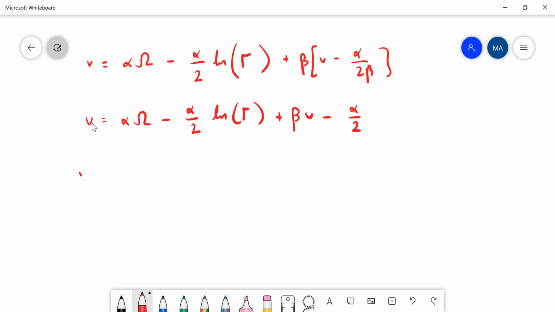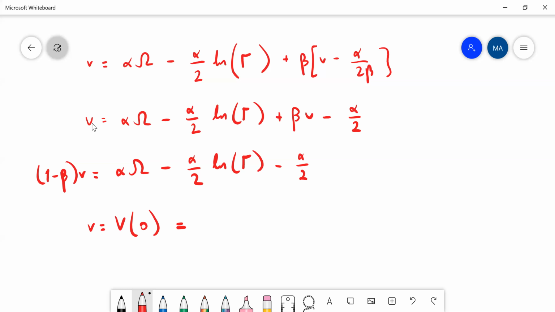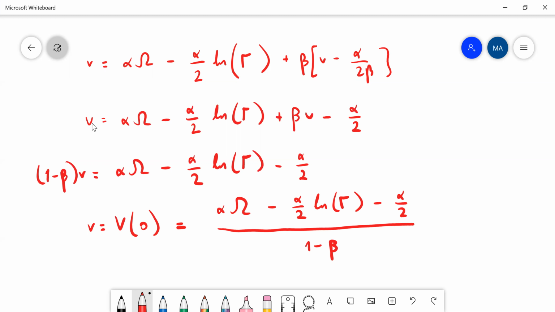So we have v being equal to 1 minus beta v alpha omega alpha 2 ln gamma minus alpha 2. So v, in other words, v0 is equal to alpha omega alpha 2 ln gamma alpha 2 divided by 1 minus beta.